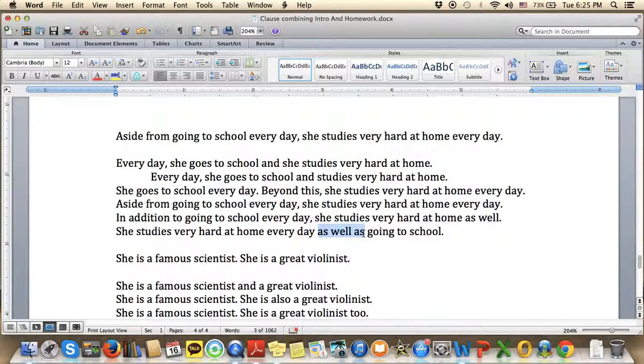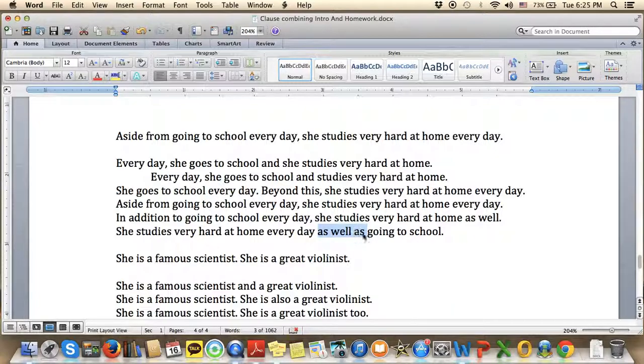As well as simply means, oh, and. This is another thing that we do. And notice there's a difference between as well and as well as. I know it seems small, but we've got as well as. Once I have this as right here, this is a preposition.